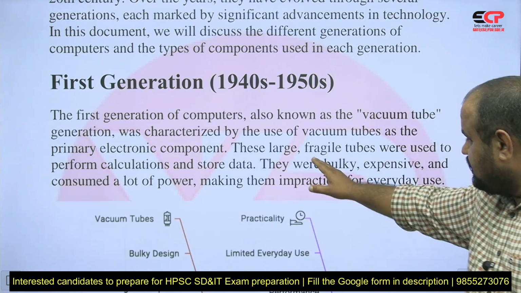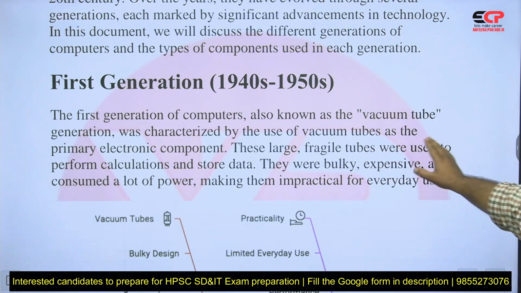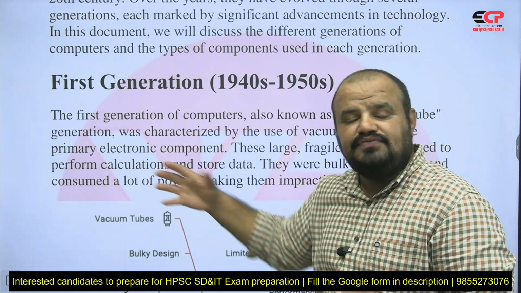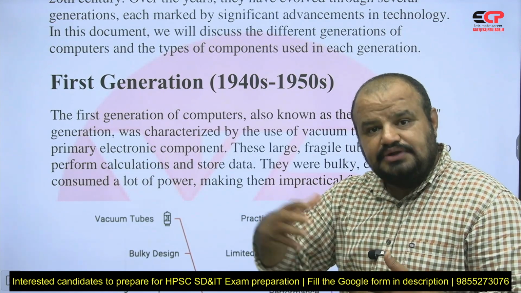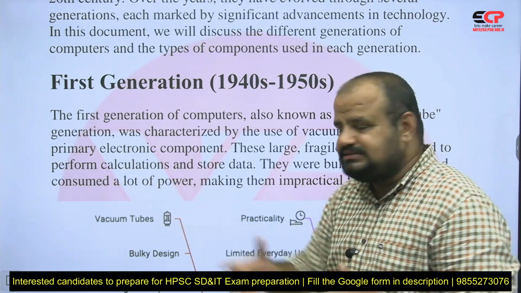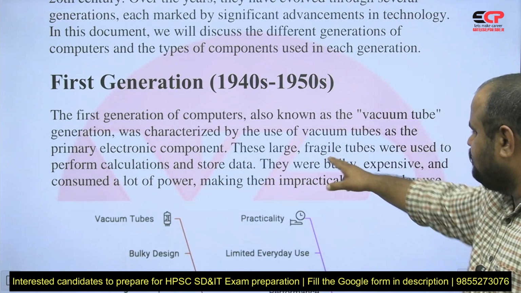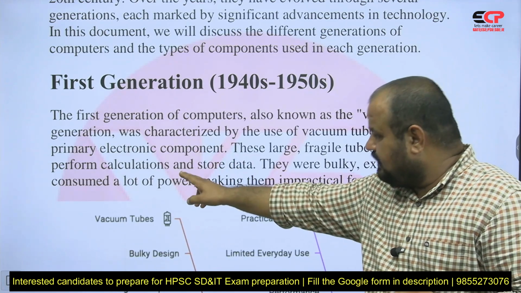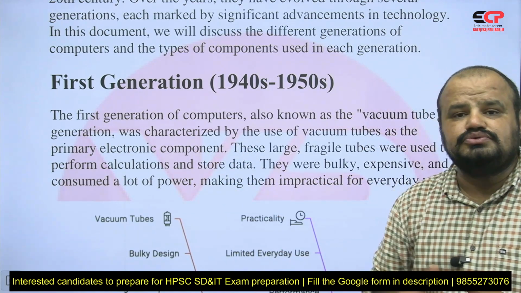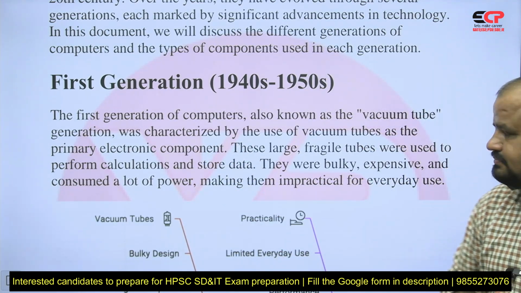These were large, fragile tubes used to perform calculations. A computer is a computing device which computes, calculates something. That's why these large fragile tubes were used to perform calculations, and to store some data.